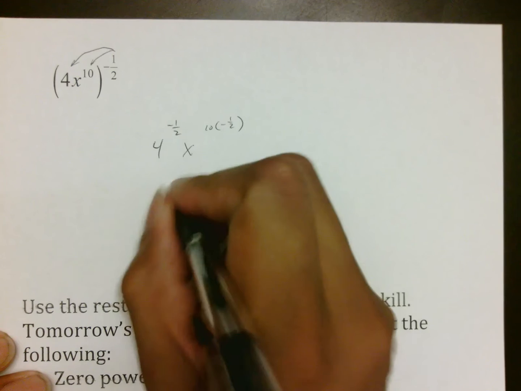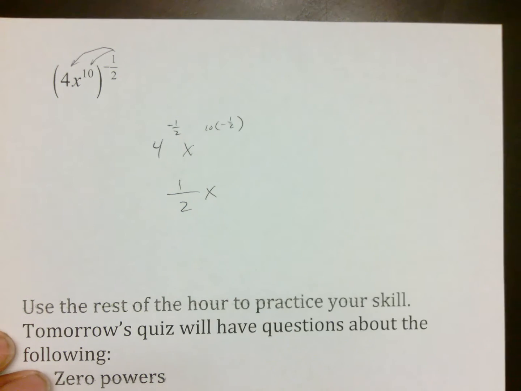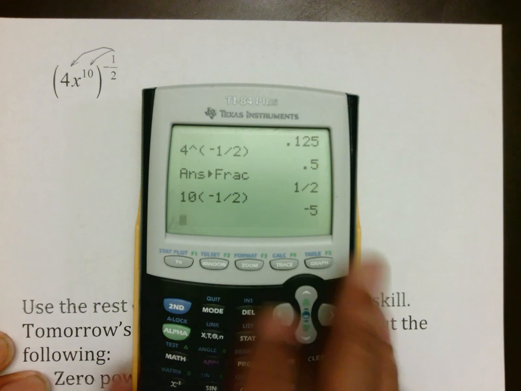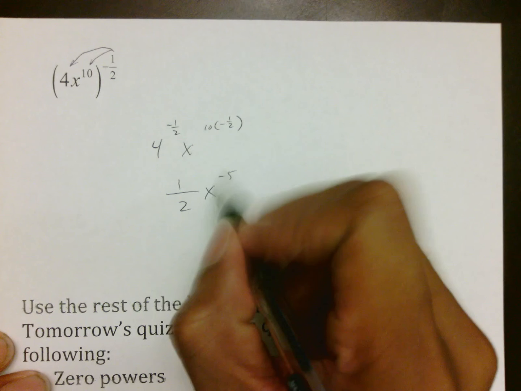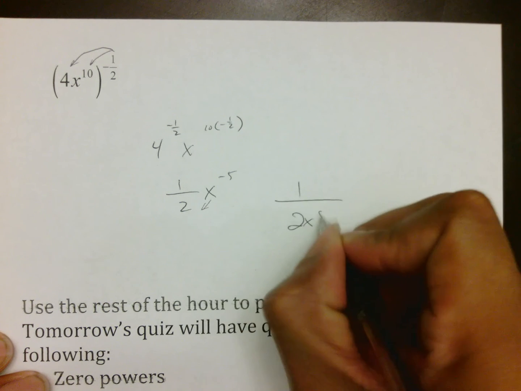So we get 1 over 2 x, remember that goes right by the line because we don't know where it's going. 10 times 1/2 shouldn't be bad, common sense. 1/2 of 10 is what? So I do 10 parentheses negative 1/2, again in parentheses there, which is negative 5. And once again, this x to the negative 5th means x wants to go down here, so you end up with 1 over 2 x to the 5th.